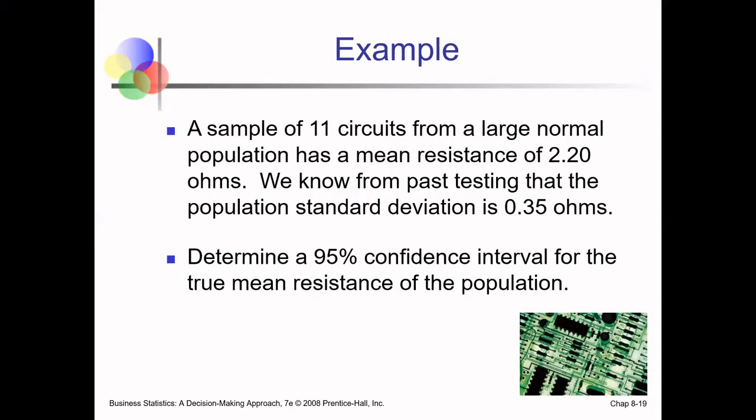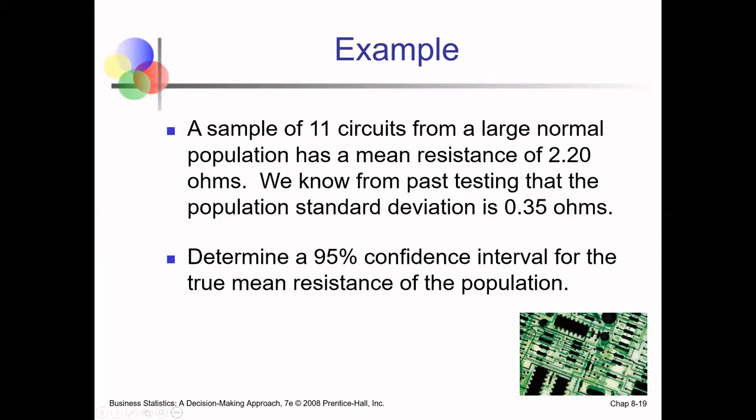We have an example that we explained well in the last lecture. In the shorter version, I am explaining when we have 11 circuits from thousands of circuits, and the mean resistance is 2.2 and the standard deviation is 0.35.